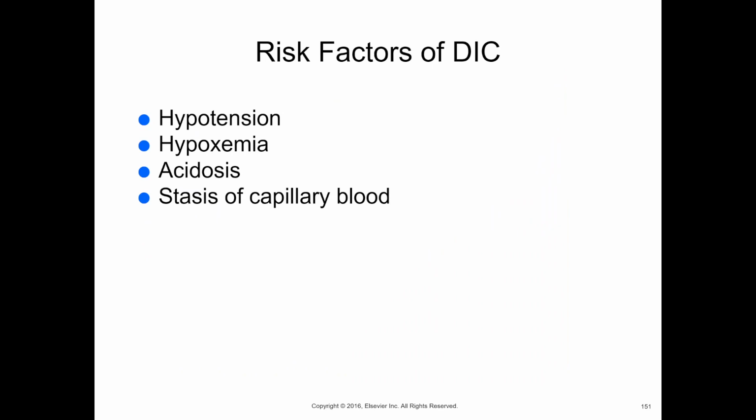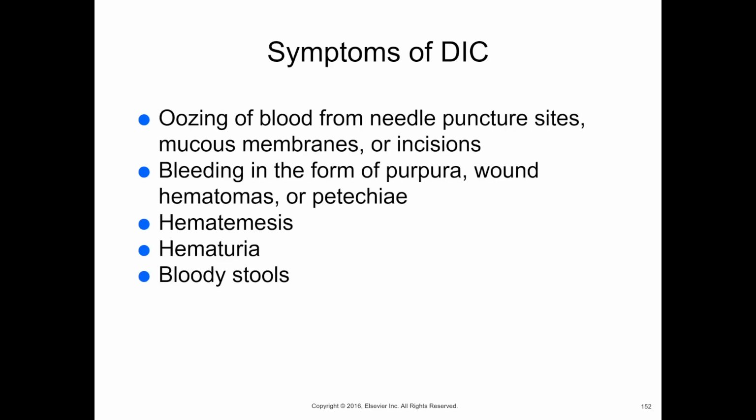Risk factors: hypotension, hypoxemia, acidosis, and stasis of capillaries. Symptoms: you're going to get oozing of blood from any puncture sites, mucous membranes, bleeding in the form of various types of bruising like petechiae, purpura, hematomas around wounds, hematuria, bloody stools, etc. Patients also typically have headaches and what's called air hunger, like they're gasping for air.